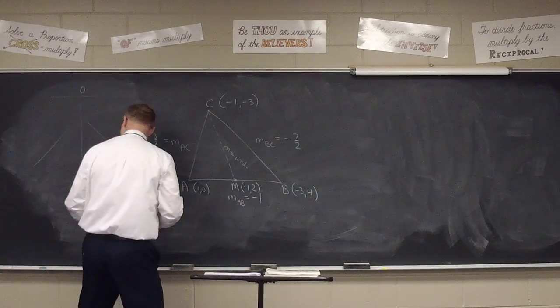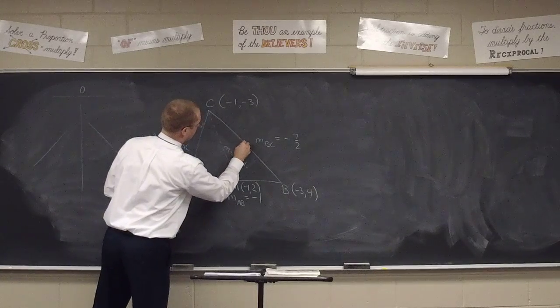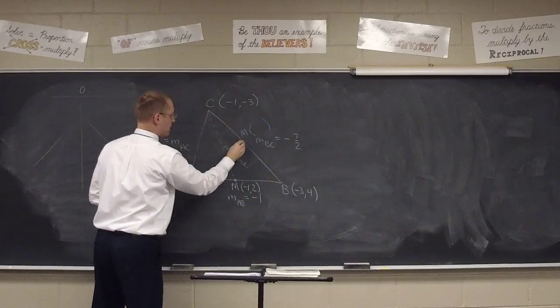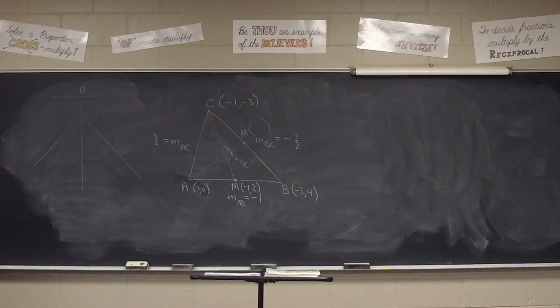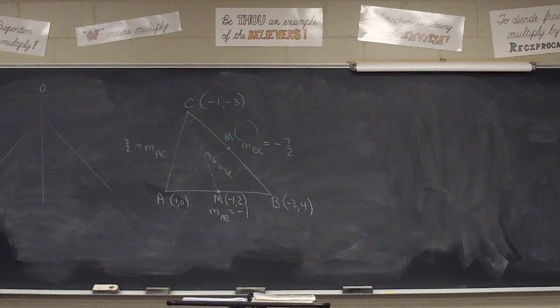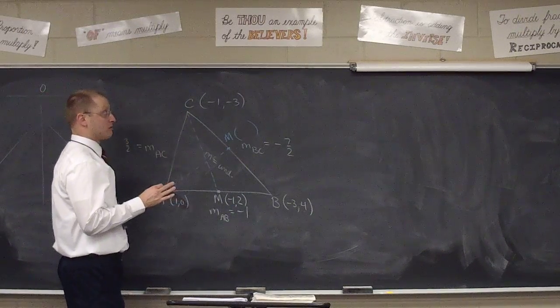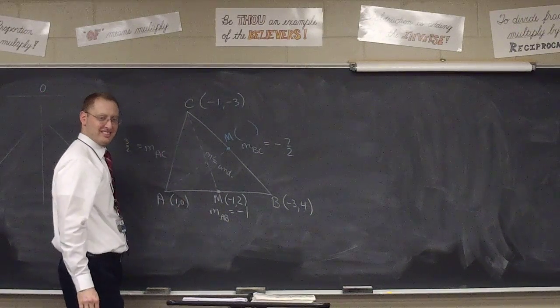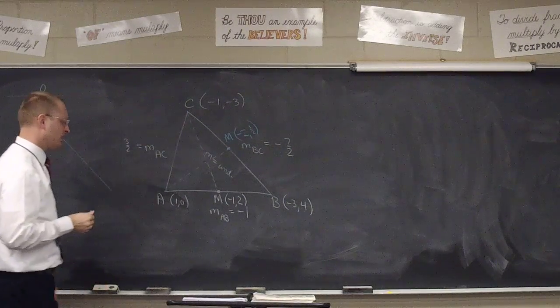All right, let's do this with another median here, and let's go from A to this midpoint here. Go and find that midpoint of side BC, if you would please. -2, 1/2.